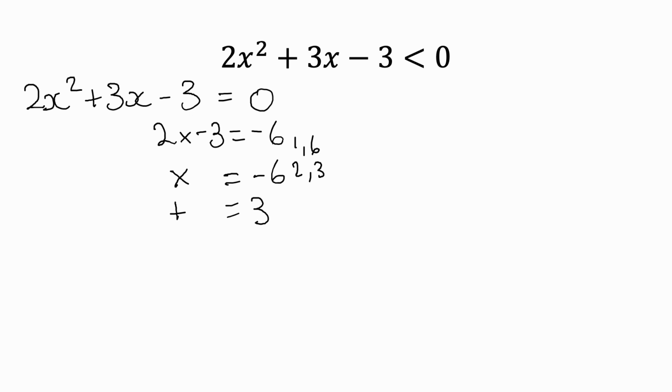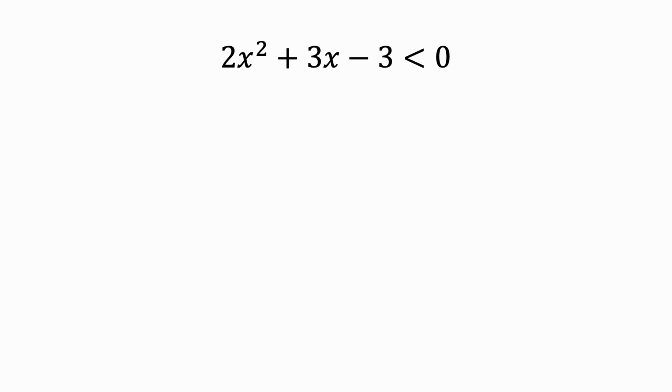So that means we are not going to be using this method. That leaves two methods we can use: completing the square or the quadratic formula. It doesn't really matter which one we do, but let's do the quadratic formula.